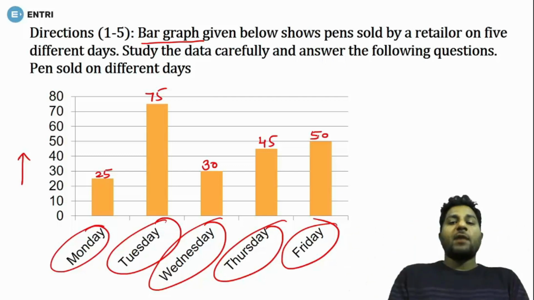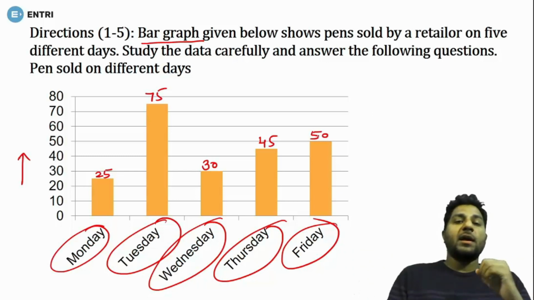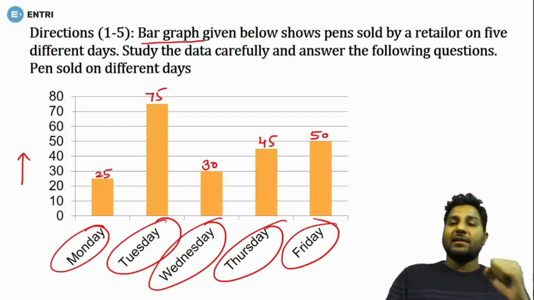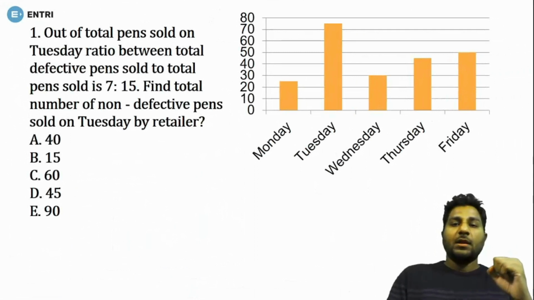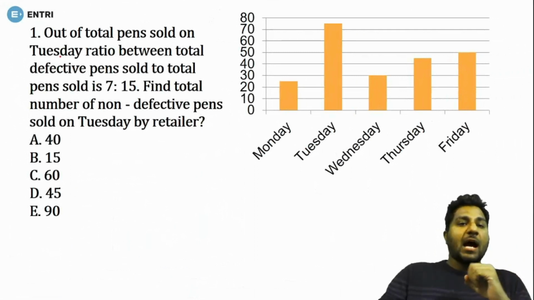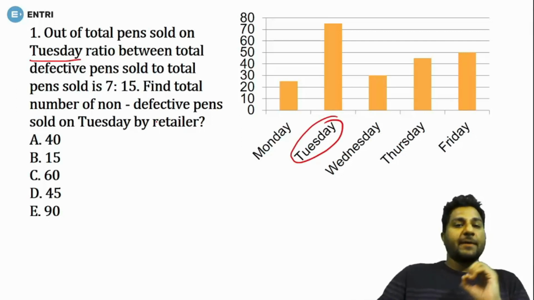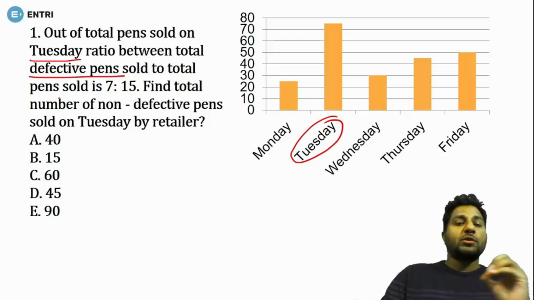Once you have watched the DI, just focus on the questions being asked. There will be 5 questions. Let's see how you are going to tackle this DI. The first question says: out of total pens sold on Tuesday, so basically they are talking about Tuesday's data, the ratio between defective pens sold to total pens.